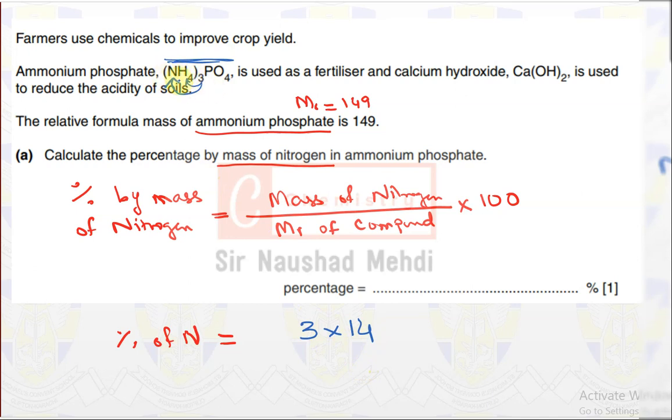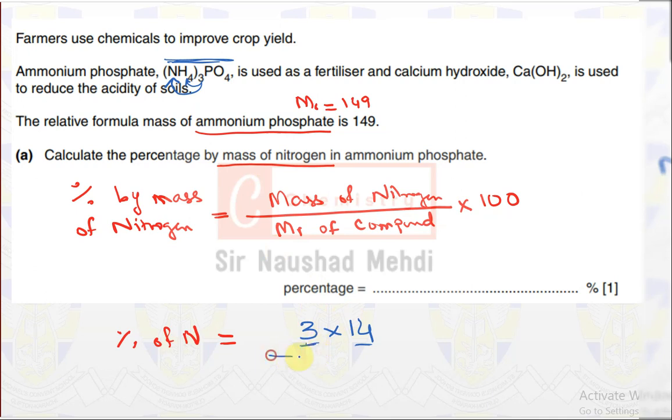Here there are 3 atoms of nitrogen, so you multiply by the atomic mass of nitrogen, which is 14 for only 1 atom. So for 3 atoms it would be 14 multiplied by 3. This is the mass of the nitrogen present inside this compound.